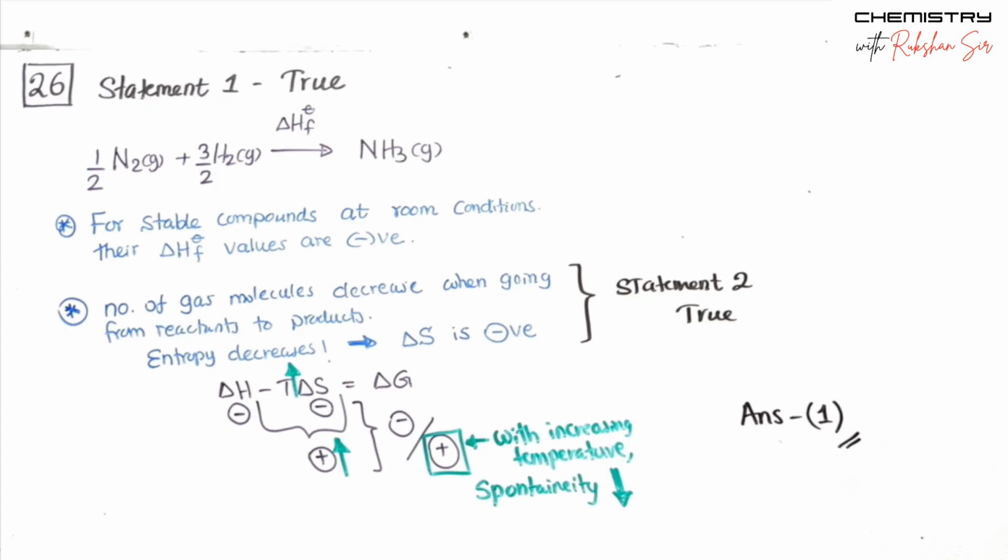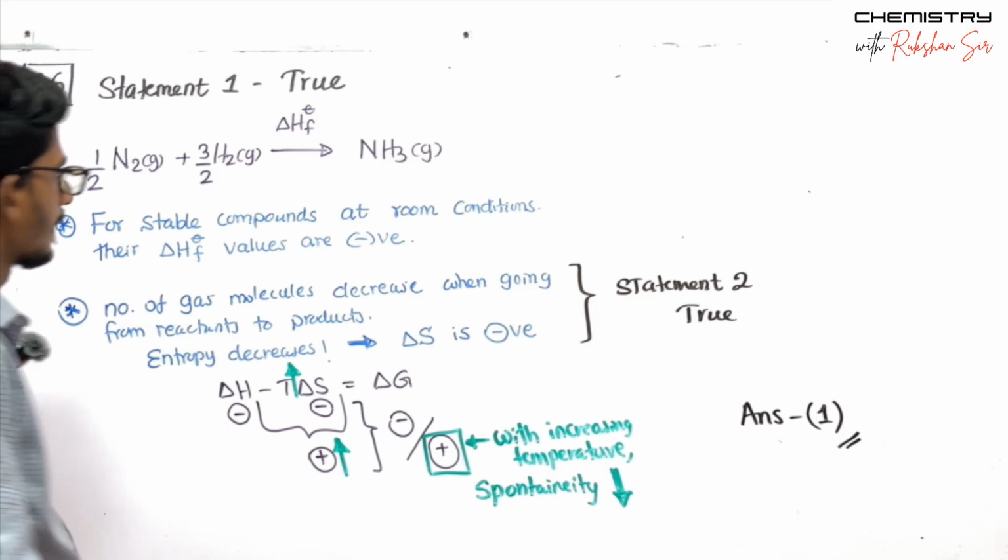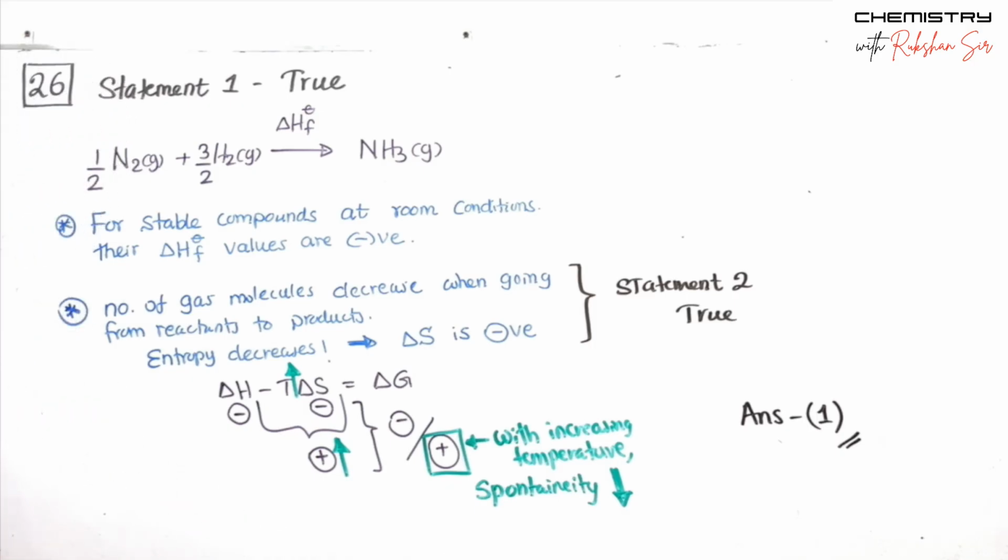Let's go towards question number 27, the final question under the past paper MCQs, the last question appearing in our table.